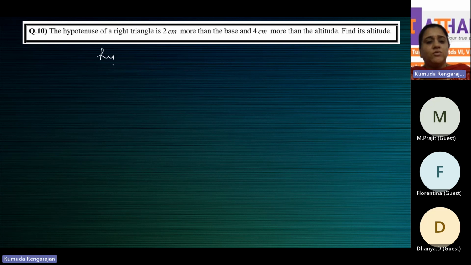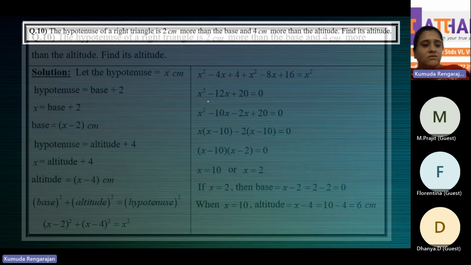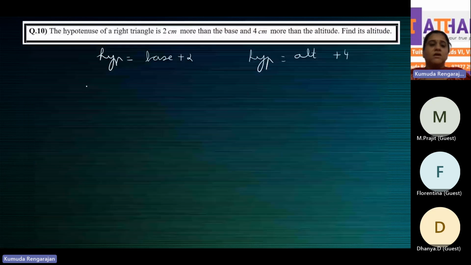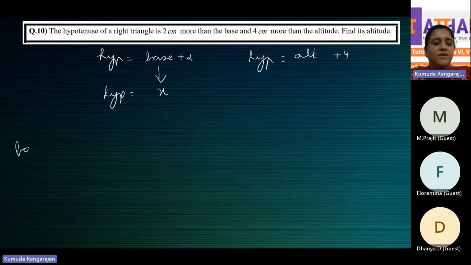So what is given? The hypotenuse is 2 more than the base, and the hypotenuse is 4 more than the altitude. What have we taken as x here? Earlier I took the altitude as x. So now suppose the base is x. Let the base be x.